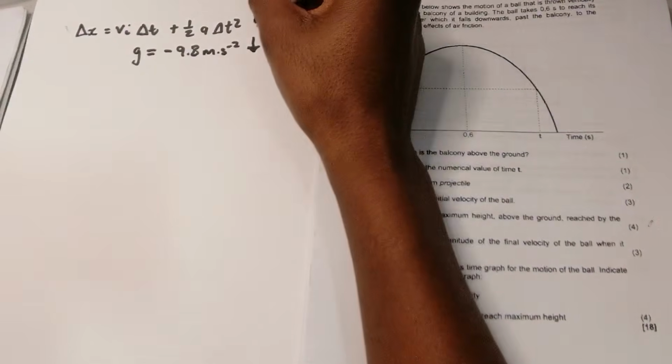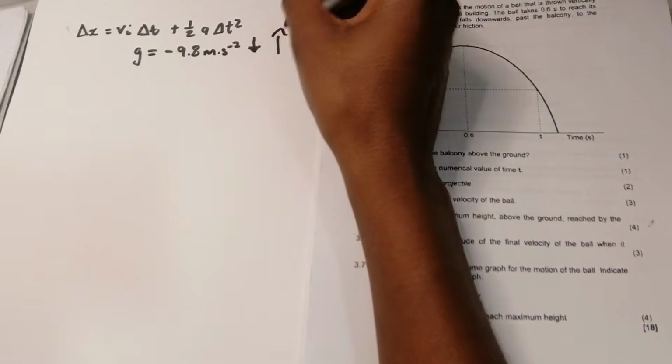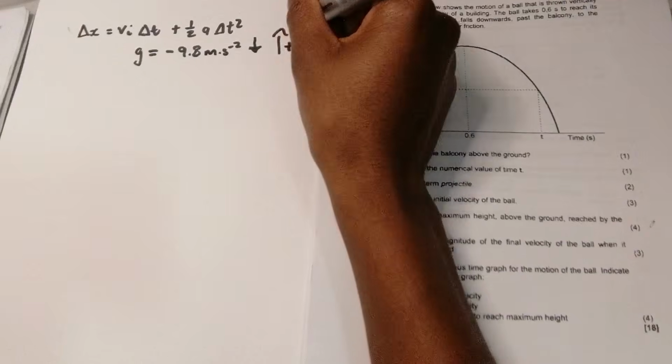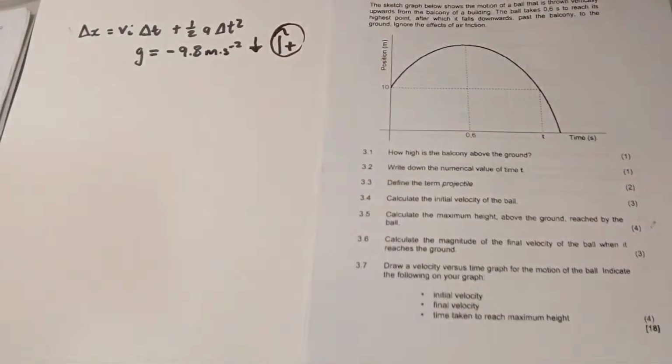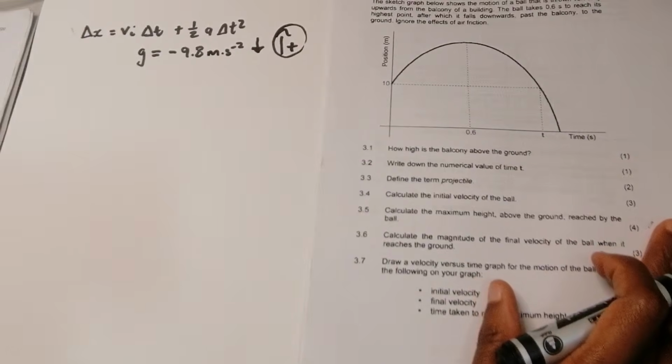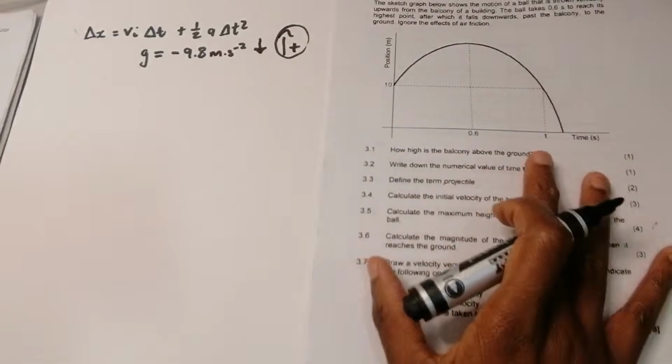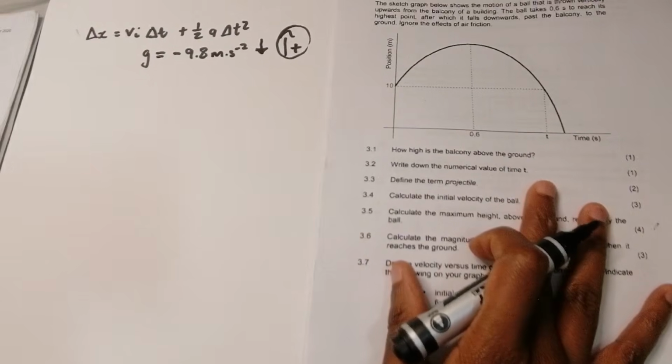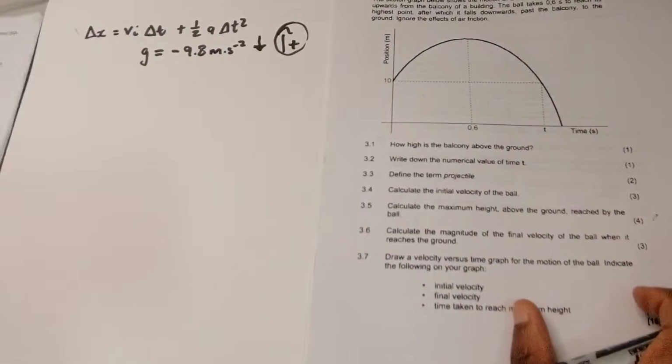So what does that tell us? It tells us that we must have taken upwards as positive. That is going to be very important in us answering the question, because the examiner might not have told us that, but in this case it will become very important.